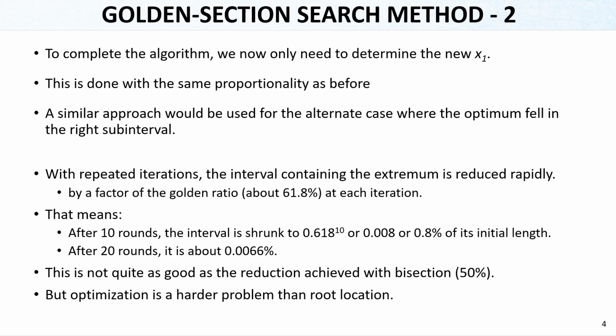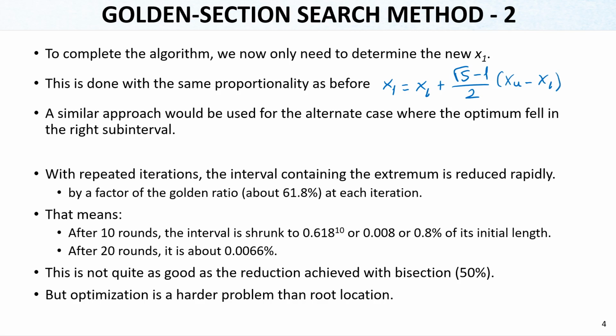In the following iterations after the first iteration, because we already know the xl and xu, we just need to determine the new x1, and this is done with the same proportionality as we defined before. Basically, x1 is equivalent to, sorry, it should be x lower plus root 5 minus 1 divided by 2 times xu minus xl, like this.